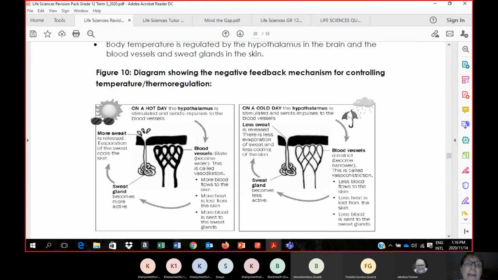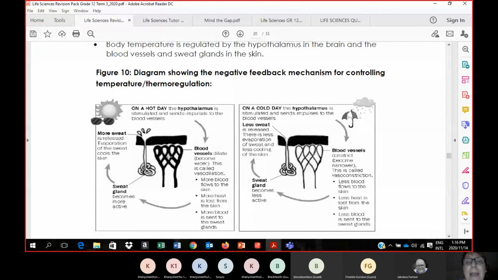Now, when you study this section, you do need to study the structure of the skin, but mainly the parts of the skin that are involved in thermoregulation. So don't worry too much about all the other labels. Just focus on the blood vessels and the sweat glands and so on, the ones that are involved in thermoregulation.